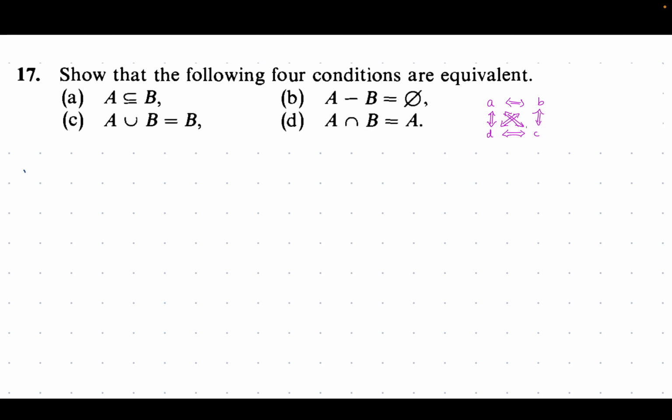Right, so first we're gonna start with A implies B. So let's do this as we always do, or rather, let's assume A is a subset of B. Right, and we're trying to show that A minus B is equal to the empty set, right?